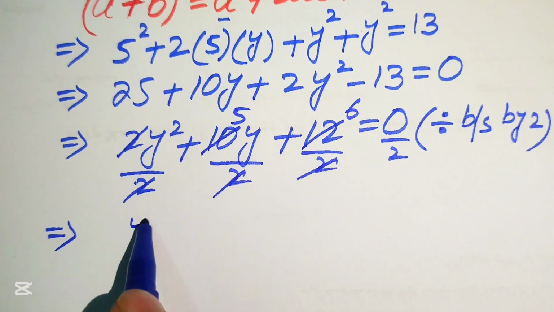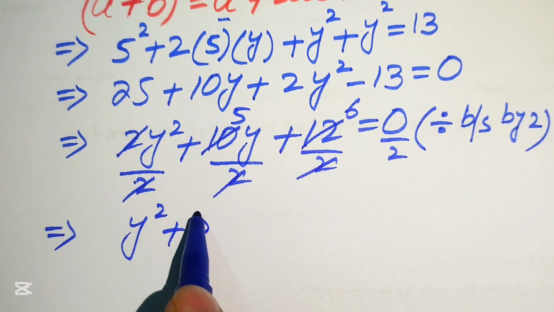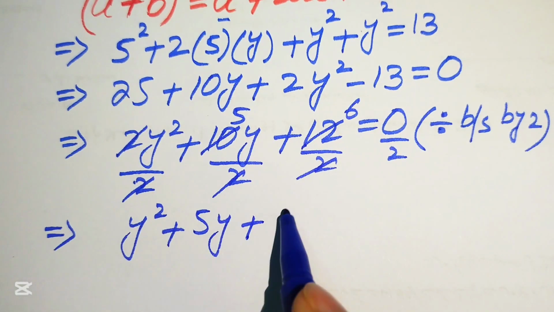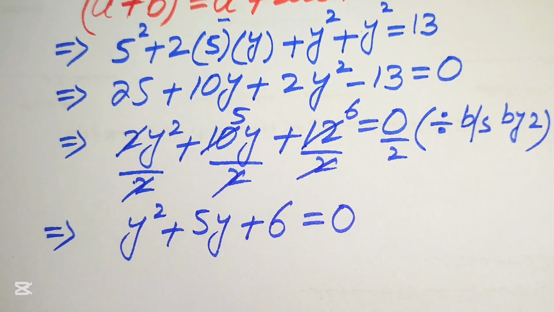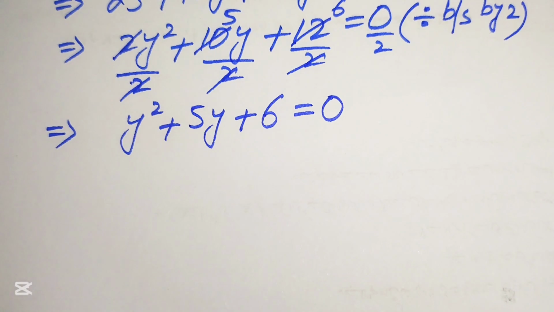So here we get y square plus 5y plus 6 equals 0, because 0 over 2 becomes 0. Now you see this equation has become the standard quadratic equation in the y variable, so we will easily get the value of y.